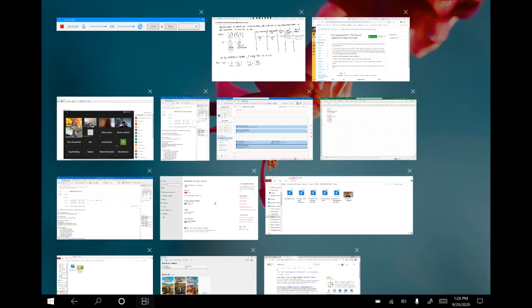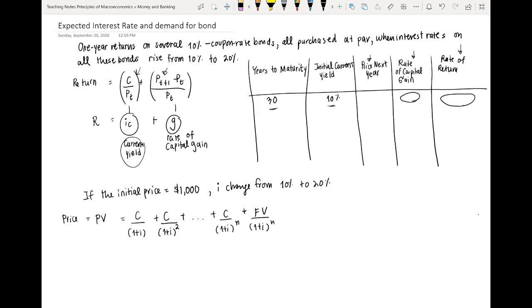Okay, let's take a look at the relationship between expected interest rate and demand for bond. We're talking about demand side on the bond market. Which factor that can shift the demand for bond, right? And expected interest rate is one of that factor. Okay, this is the example that I had from previous chapter.